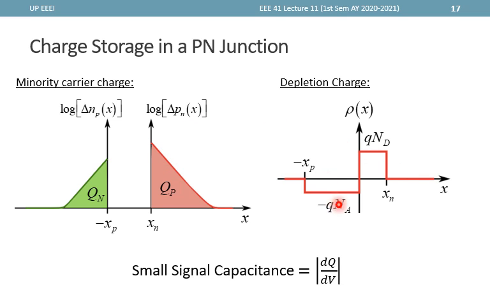The second is the depletion charge, which is some charge related to the depletion region due to the absence of carriers at the depletion region. Again, we will not deal with the total charge here, but rather the incremental charge for the small signal capacitance. So these two charges actually result in two different small signal capacitances.